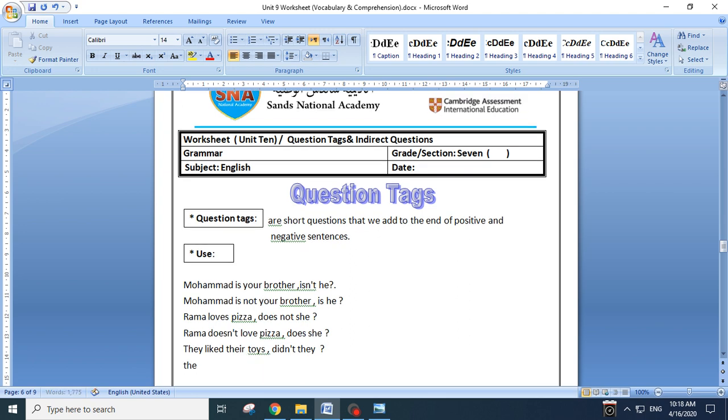Next one. They didn't like their toys. Here, because it's past, we use did and keep it positive because the statement is negative, and use the subject. Did they? Next one.